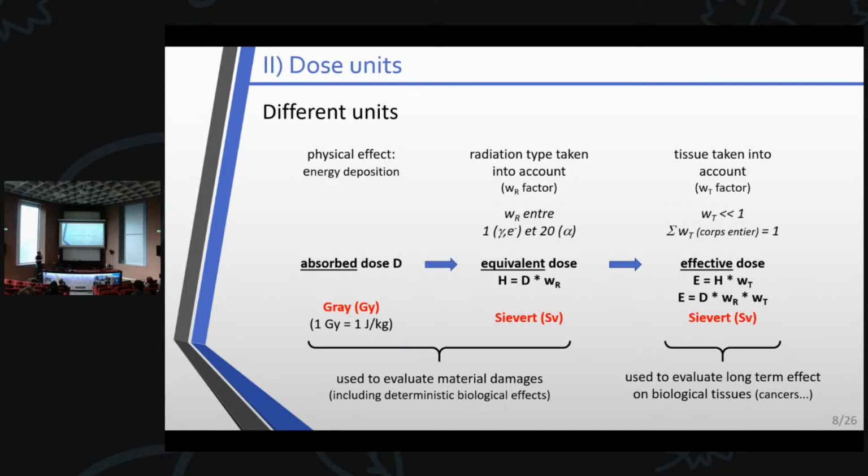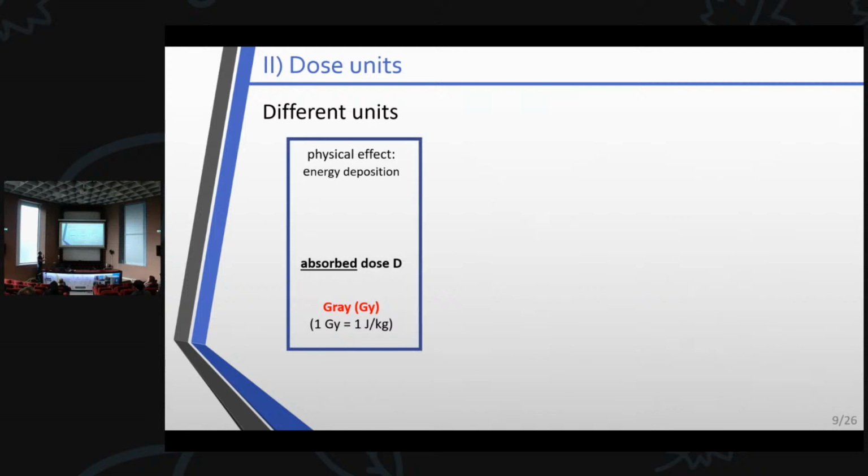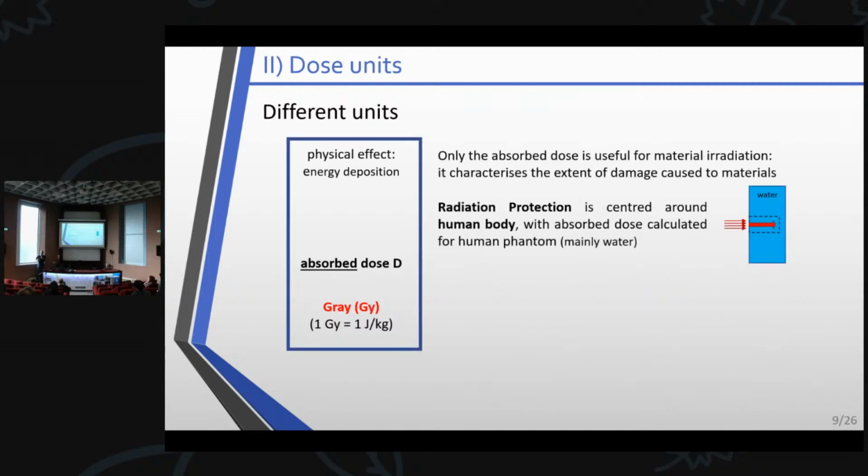This dose is only useful for long-term effect on biological tissue because inert material doesn't have this kind of effect. So here we are talking about cancers, all this type of funny things. Okay, what is important for material irradiation is obviously the first one.